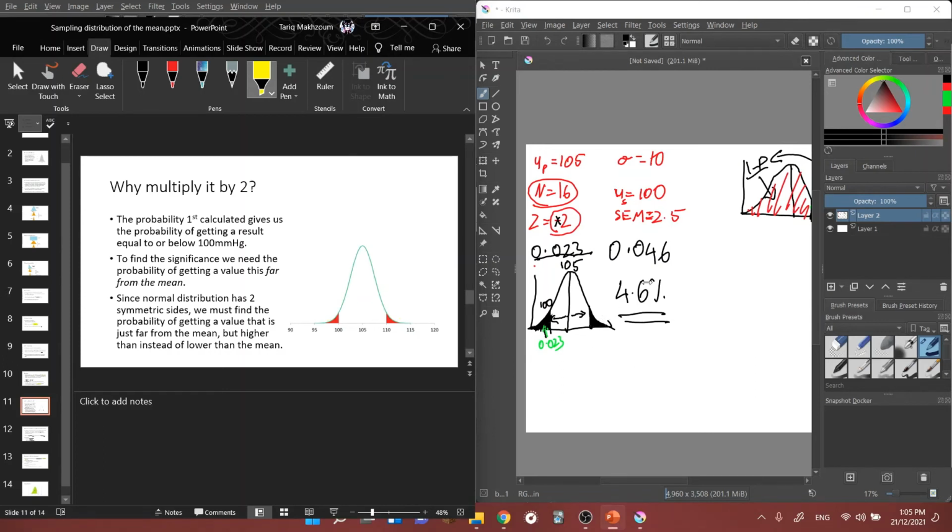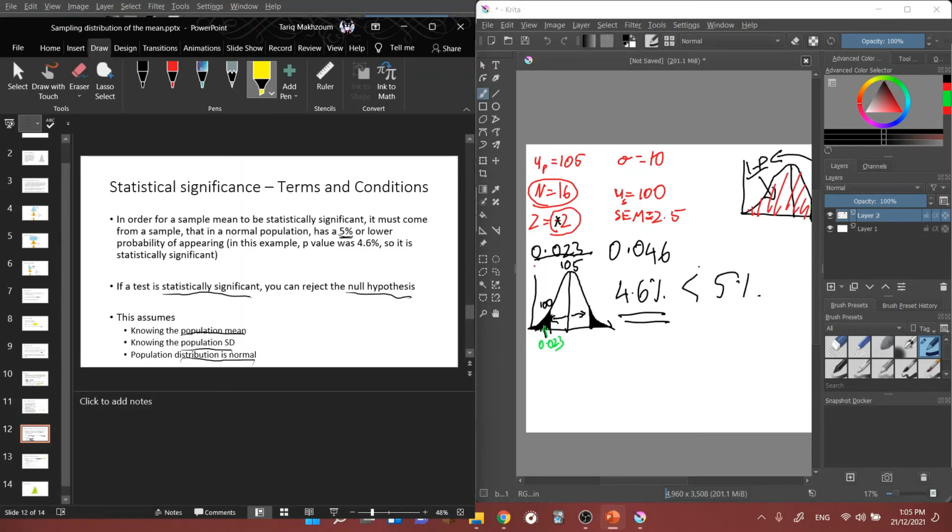And now, because we got 4.6, and 4.6 is less than 5%, we can say that it's statistically significant. And that's the first rule for statistical tests.